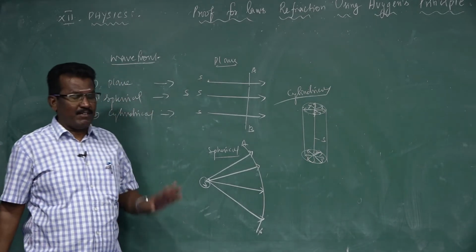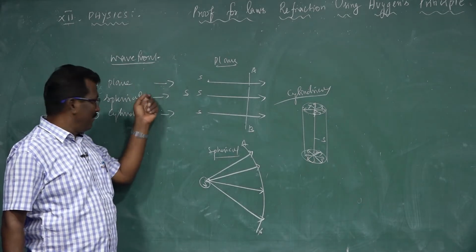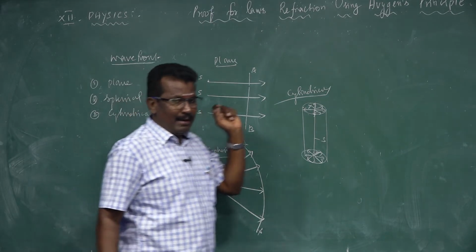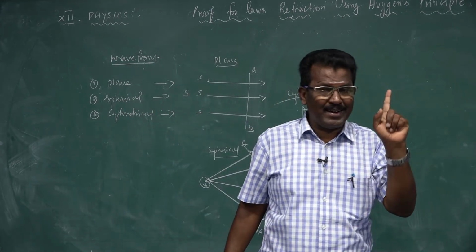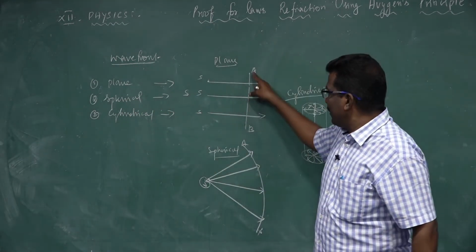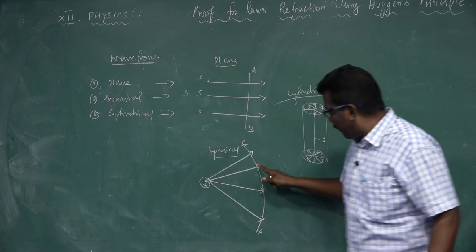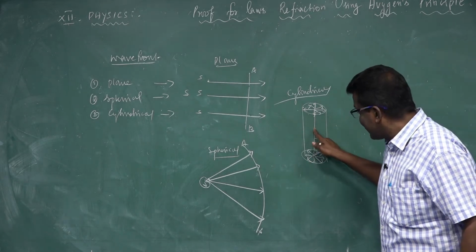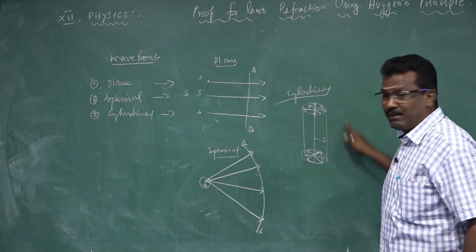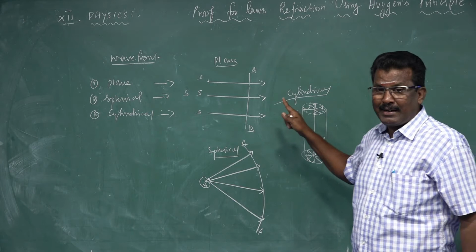So there are three kinds of wavefront. Light from a source at infinite distance forms a plane wavefront. Light from a source at finite distance forms a spherical wavefront. A linear source of light produces a cylindrical wavefront.